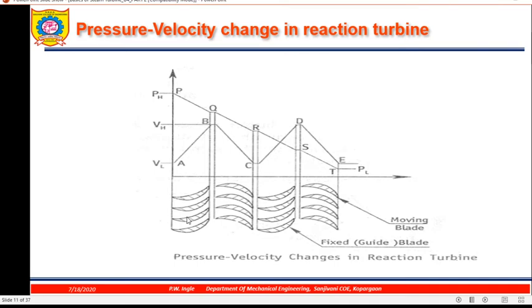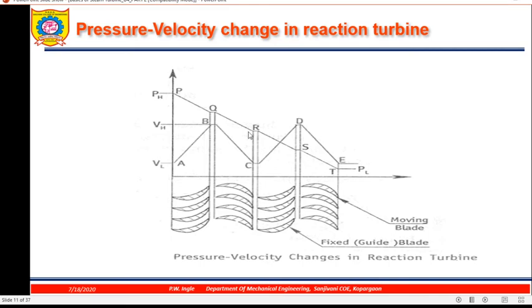Now here you see, this is fixed blade, moving blade, fixed blade, moving blade. So here pressure reduces in the fixed blade, so velocity increases. Then again pressure reduces in the moving blade, and the velocity reduces. Why? Because this velocity will be absorbed by the rotor. Then again pressure reduces in the fixed blade. This is one stage, and this is another, so there are two stages.